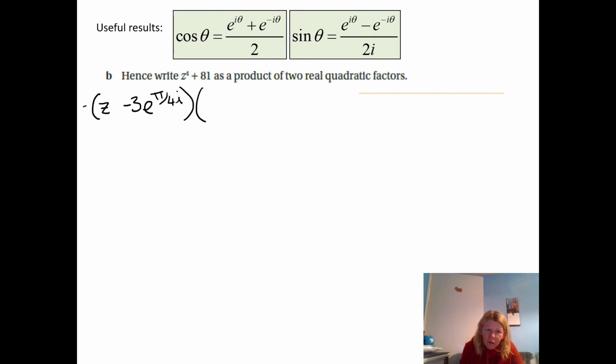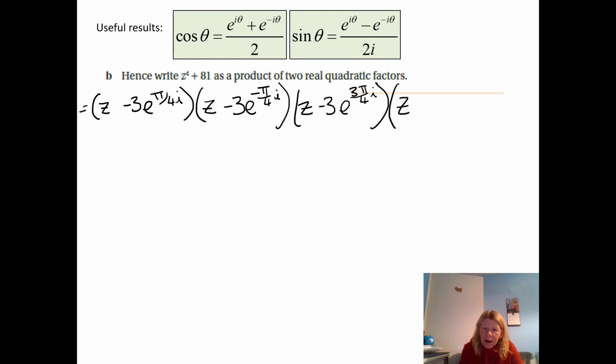So all this is equal to that thing here. z minus 3e to the, going to couple them up, minus pi by 4i, that one. And then we've got z minus 3e to the 3/4 pi i. And then z minus 3e to the minus 3 pi by 4i.